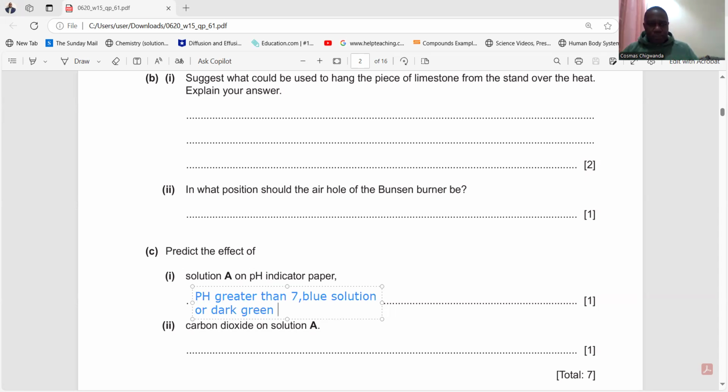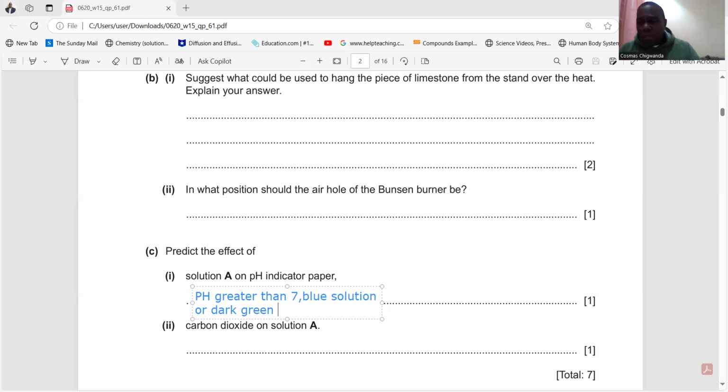So predict the effect of carbon dioxide on solution A. Remember, the test for carbon dioxide is lime water. So we have actually made lime water if we add calcium oxide plus water, we have calcium hydroxide. And calcium hydroxide plus carbon dioxide, we go back to calcium carbonate.